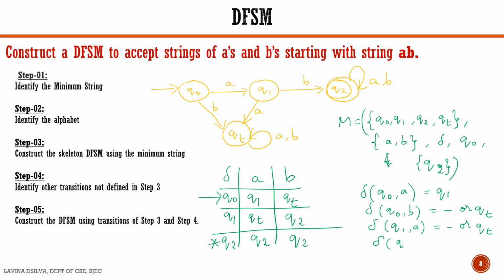Delta, Q1 and B, we go to state Q2. Delta, Q2 and A, we go to state Q2. And delta, Q2 and B, we go to state Q2. So this is the DFSM to accept strings of A's and B's starting with the string AB.